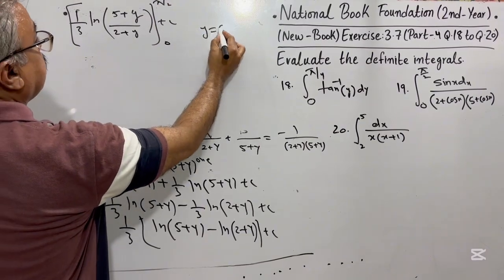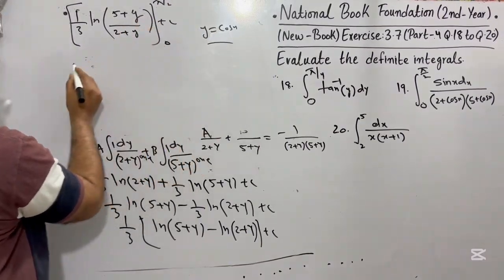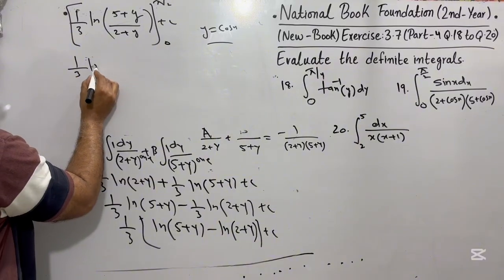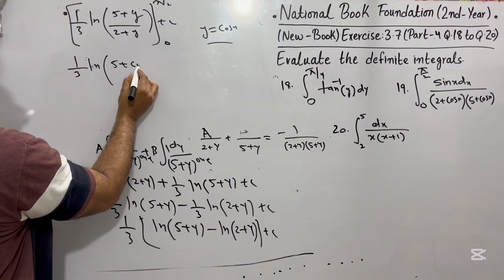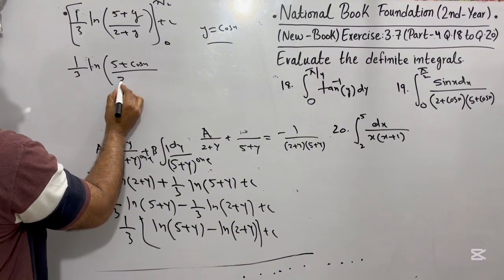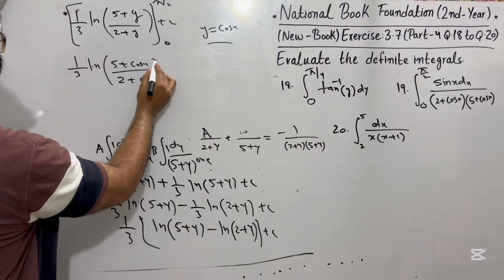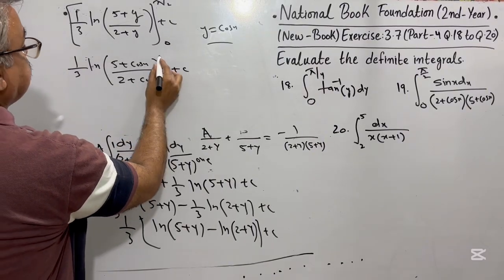Don't forget we have utilized the assumption y is equal to cos x. Instead of y, insert cos x: (5 plus cos x) over (2 plus cos x) plus c.